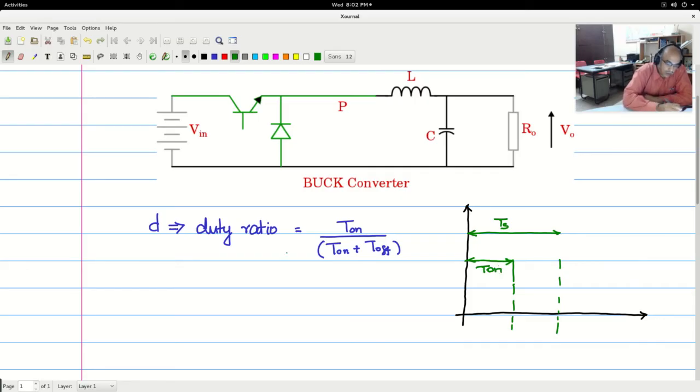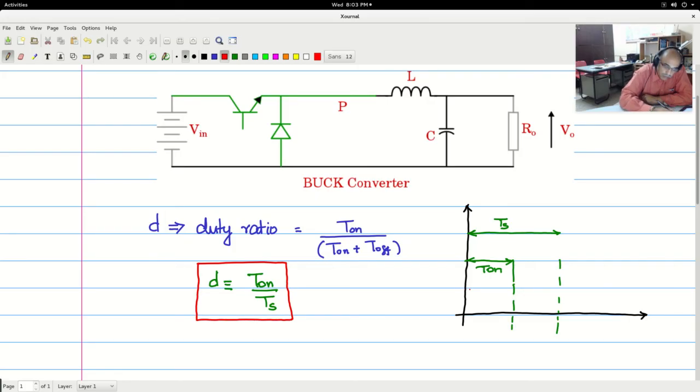Then duty ratio D equals T on by Ts. This is by definition. So this is a very important ratio which we will be using throughout most switch mode power converters.